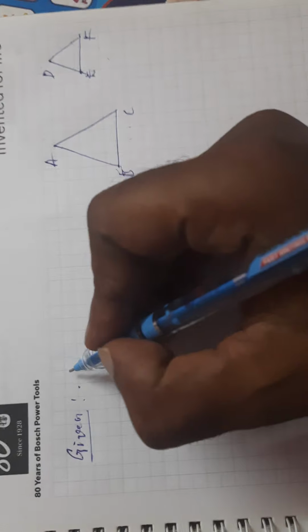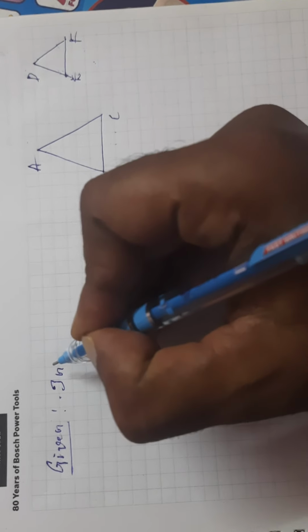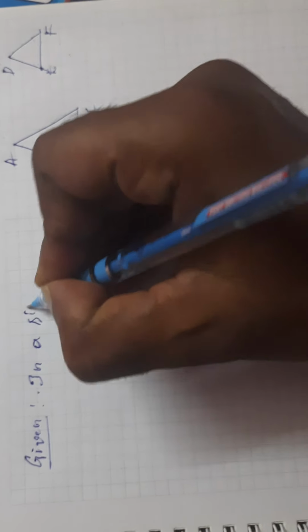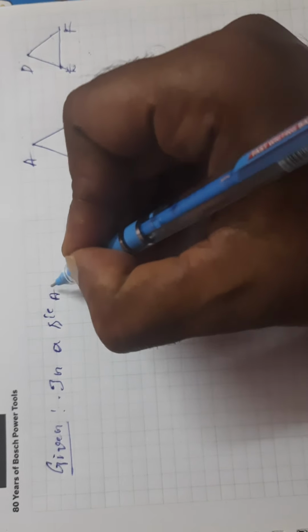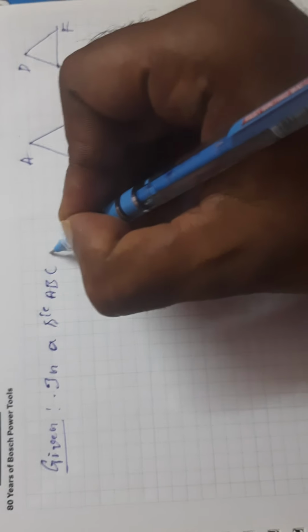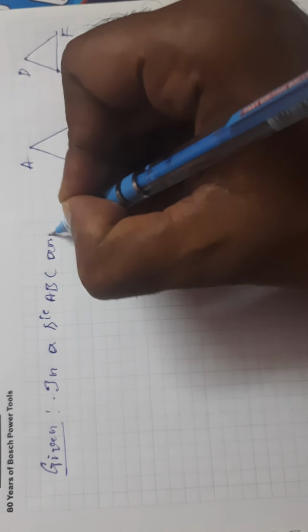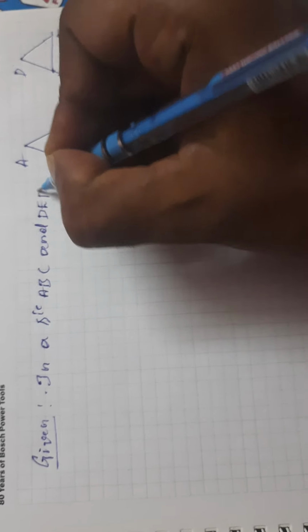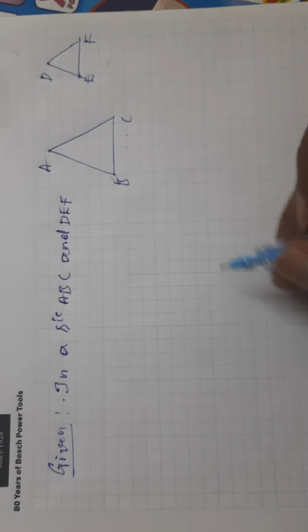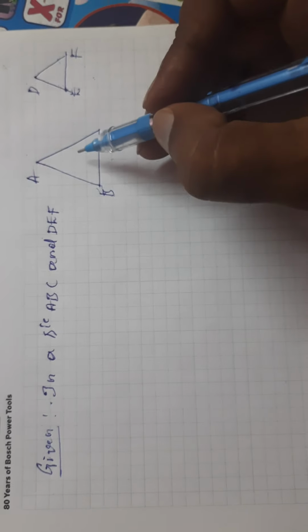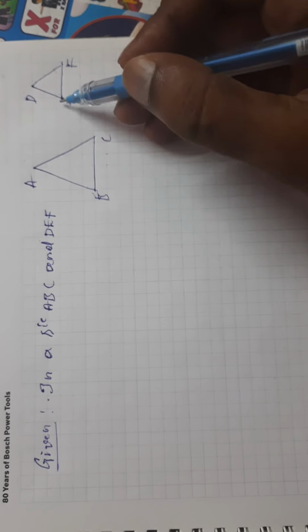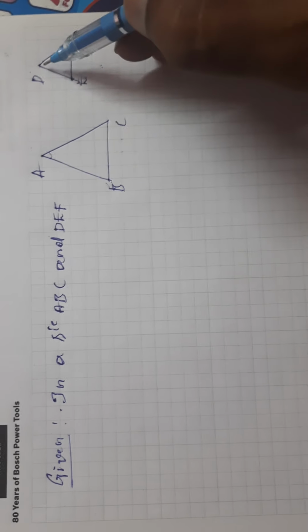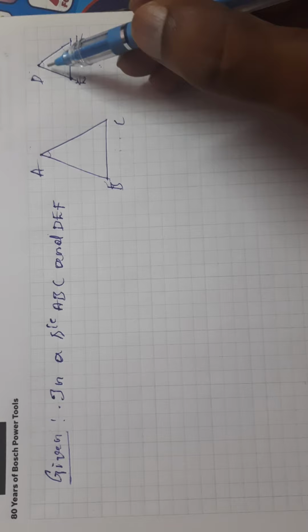How to write the given? In triangles ABC and DEF, what are they given? If in two triangles the corresponding angles, we already studied what corresponding means, the same position, the same place, their angles are equal.